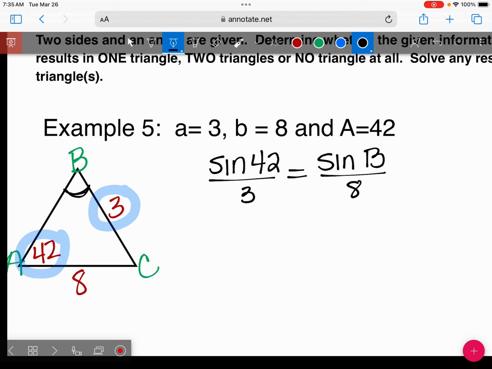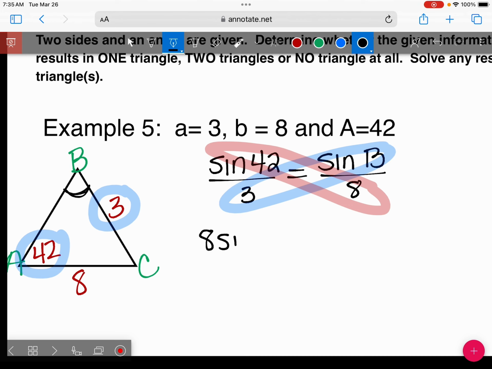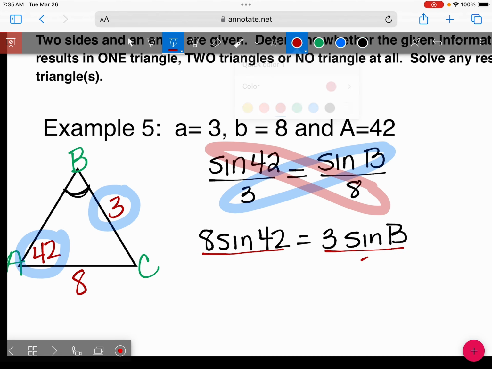So let's start by cross multiplying. When I cross multiply, I have 8 sine 42 equals 3 times the sine of angle B. I'm going to divide both sides by 3.